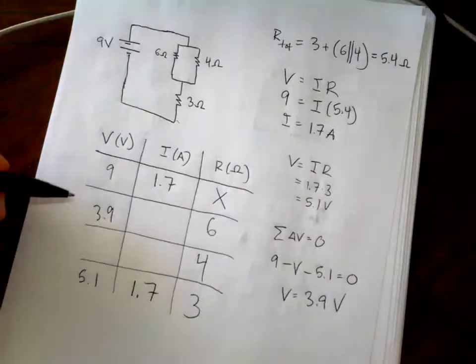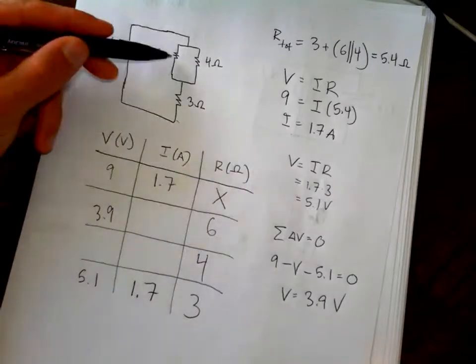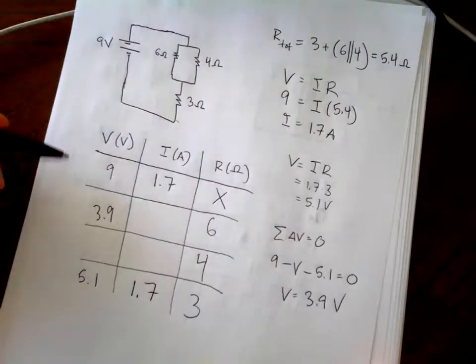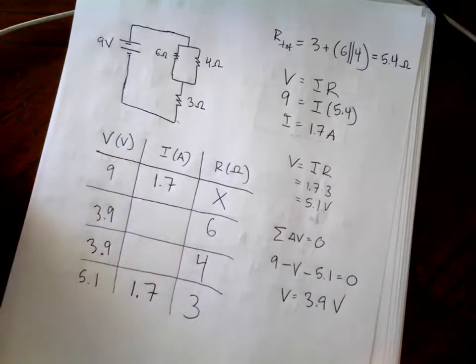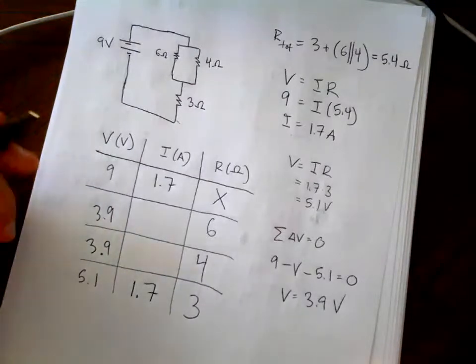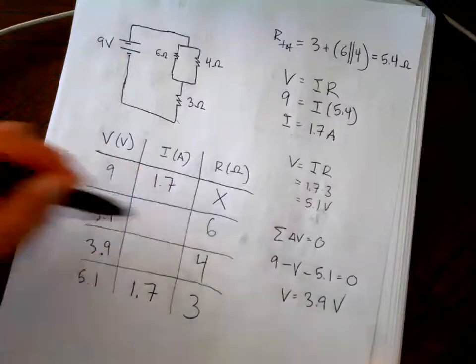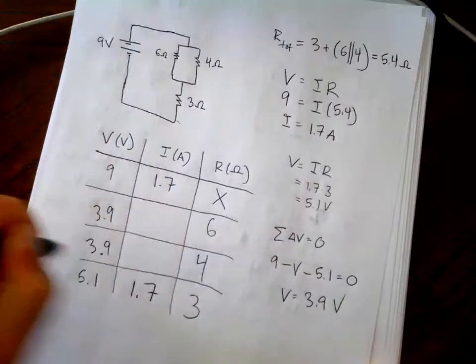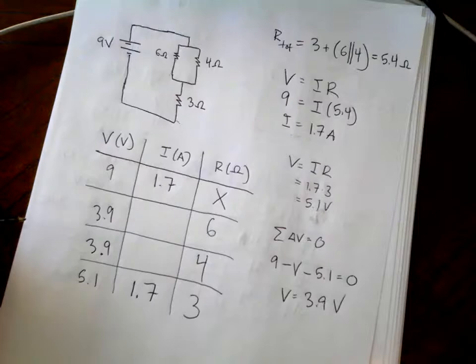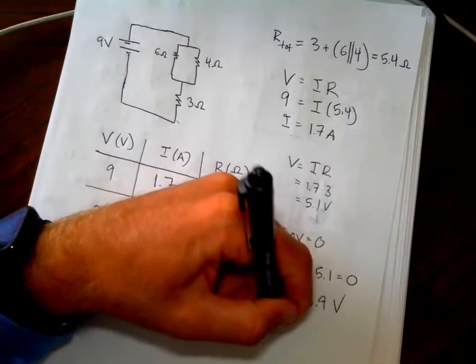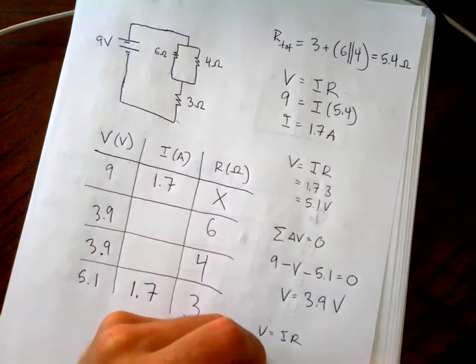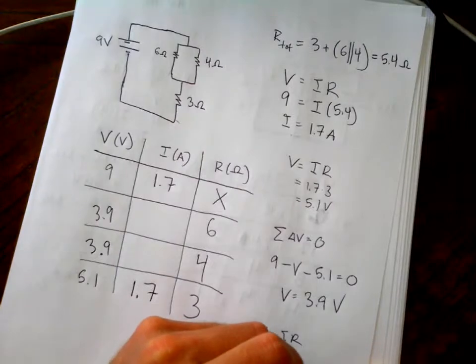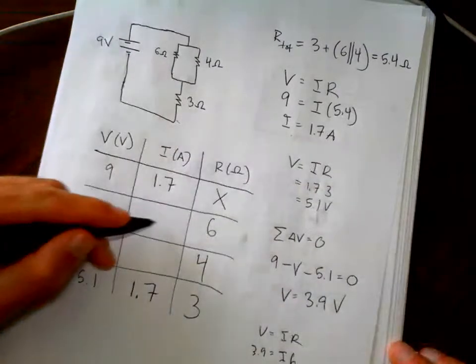Now I'm going to use SIPOV. The 6 ohm and the 4 ohm are in parallel with each other, so they have the same voltage. So this one also gets 3.9 volts. Then in this row, I can apply Ohm's law, and in this row, I can apply Ohm's law. It's all coming together now. So V equals I times R. 3.9 equals I times 6 will give us this current.